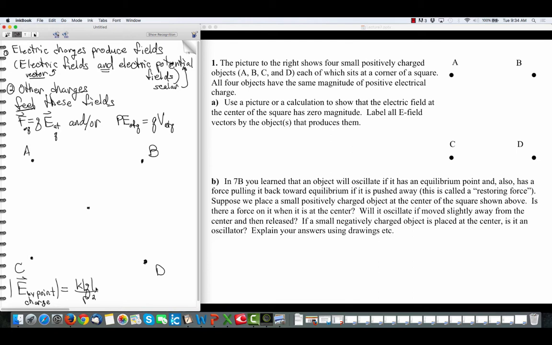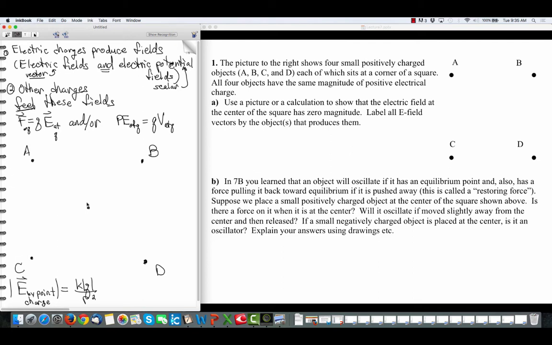So the way I would draw electric fields at the center usually would be to draw a vector that starts at the center and goes in the direction it's supposed to go. It doesn't have to be that way, and I'll talk about some differences in a second. But let's do A first. What's the direction of the electric field by positive charge A if you're at the center?